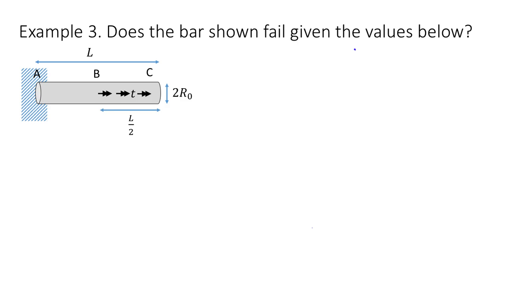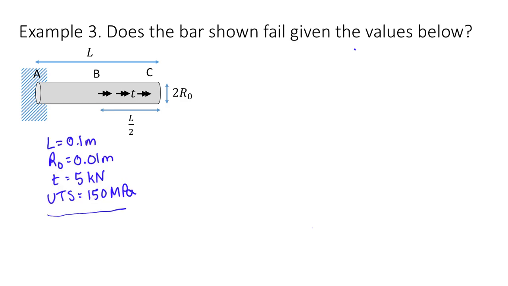So I've copied over the values that we were given at the start of this problem, and also what I calculated on the last page: that over the whole bar, all possible locations in this bar, the maximum value of tau x theta was TL over pi R naught cubed.